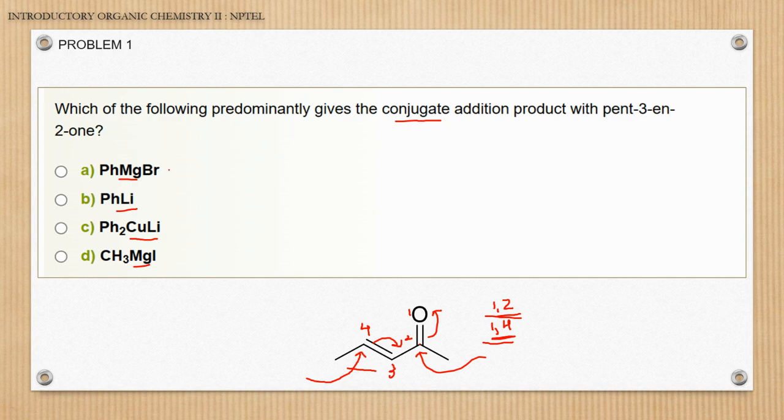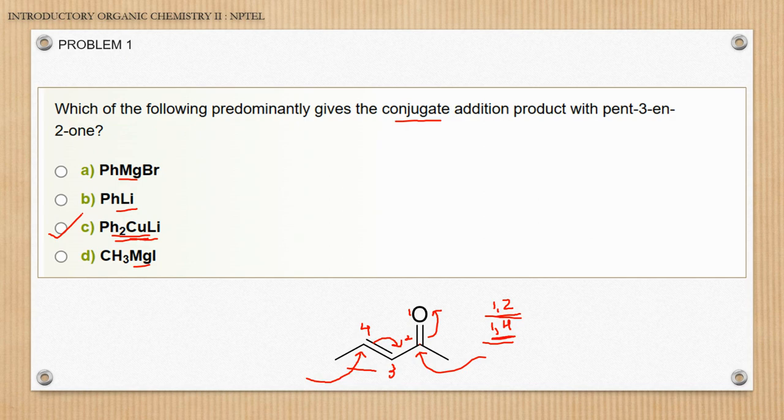Coming back to the question, the conjugate addition will be given by the metal which will attack the soft electrophilic center of the alpha beta unsaturated compound, and that should be a soft metal. Here copper is the soft metal, so it will attack the beta position and give the conjugate addition. So option C is the right answer.